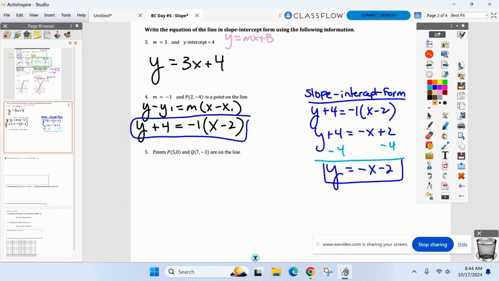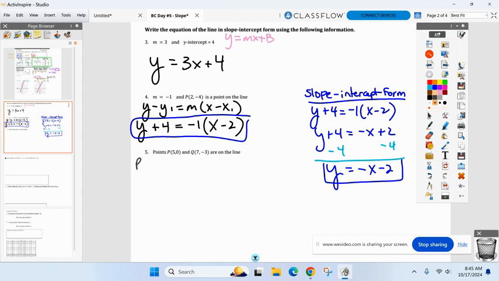Anybody feel comfortable with one over the other? Slope intercept, where I don't have either the slope or the intercept, versus point slope, where I have 2 points. Point slope, maybe? Because at least I have a point on the line. All right, let's go.